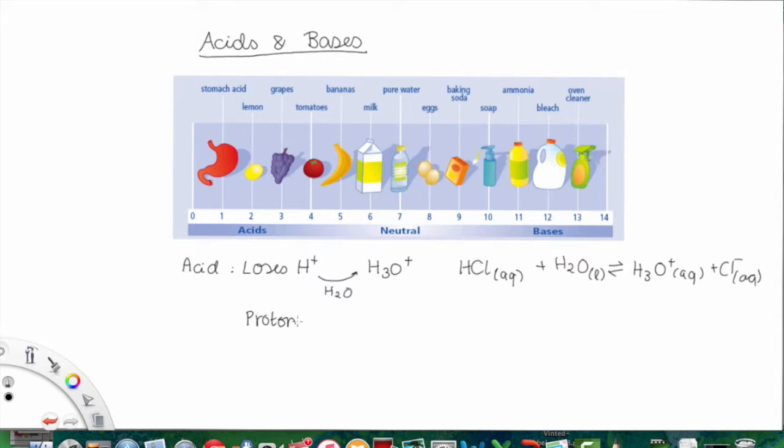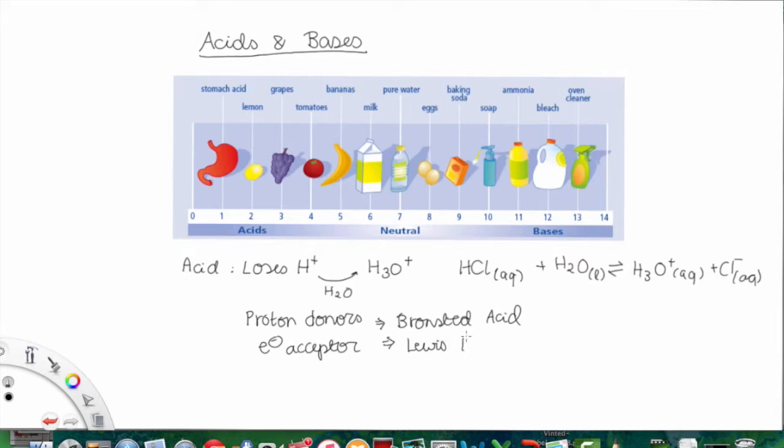Proton donors are called Bronsted acids. We can also look at it in terms of being an electron acceptor, which makes it a Lewis acid.